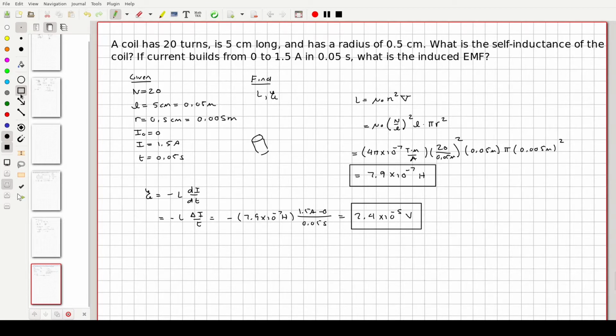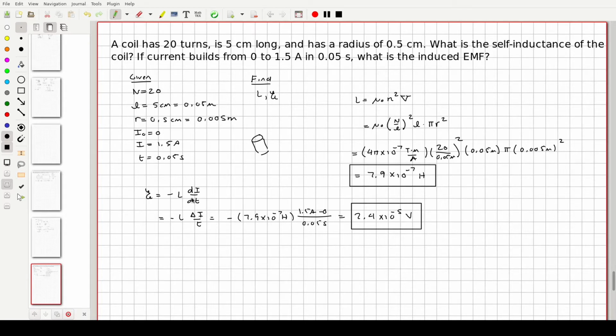So, there are a lot of parallels that we see here with respect to capacitance in terms of it being a geometrical thing. Now, one thing I would like to point out is that we could ask the question, how much energy is being stored inside of our coil.